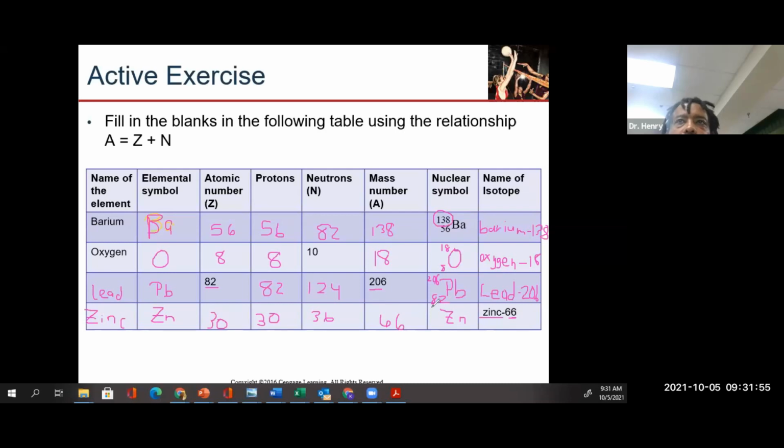Superscript is going to be, that's right, 66. And the subscript is going to be the atomic number, which is 30.